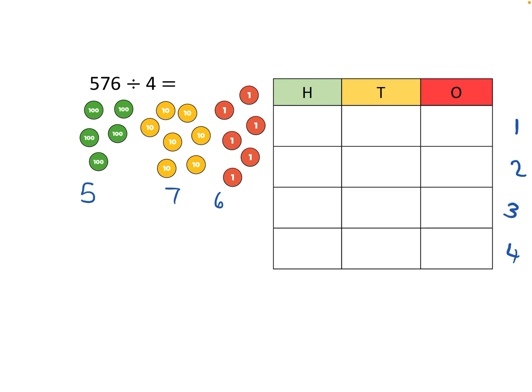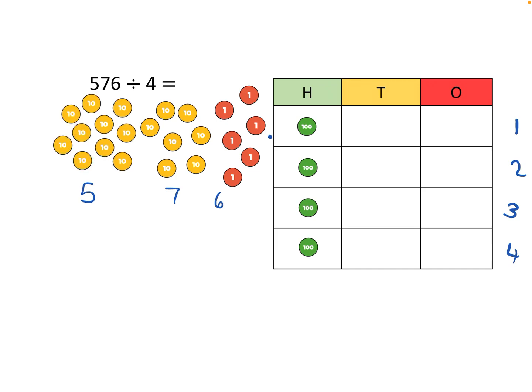So what I'm going to do is take my 500s and share them equally into these 4 groups. And can I do that? I can put 100 in each, but actually I can't put this 100 in there because I'm going to have 200 in one of them, and it needs to be the same. So what do I do? Well done if you remembered, I exchange this 100 for 10 10s because they share the same value.